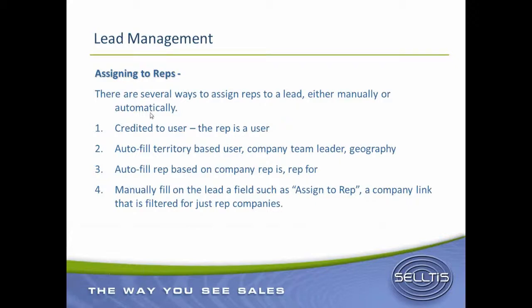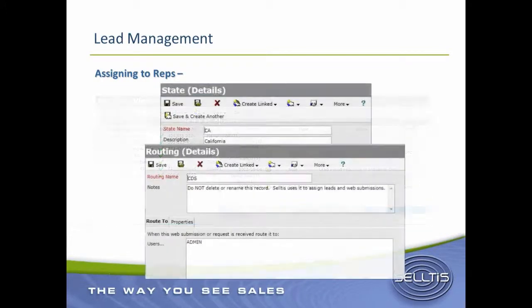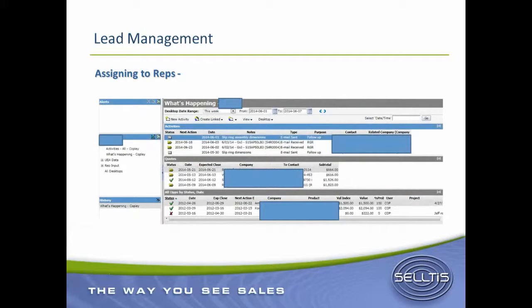So that's a consideration for you. And let me see if I can skip down to a screenshot that shows that real quick. I think I have it here. I kind of blocked this out because it's real life data here. So this is a screenshot of a particular rep's login, and all they're seeing is their activities and kind of a what's happening desktop.